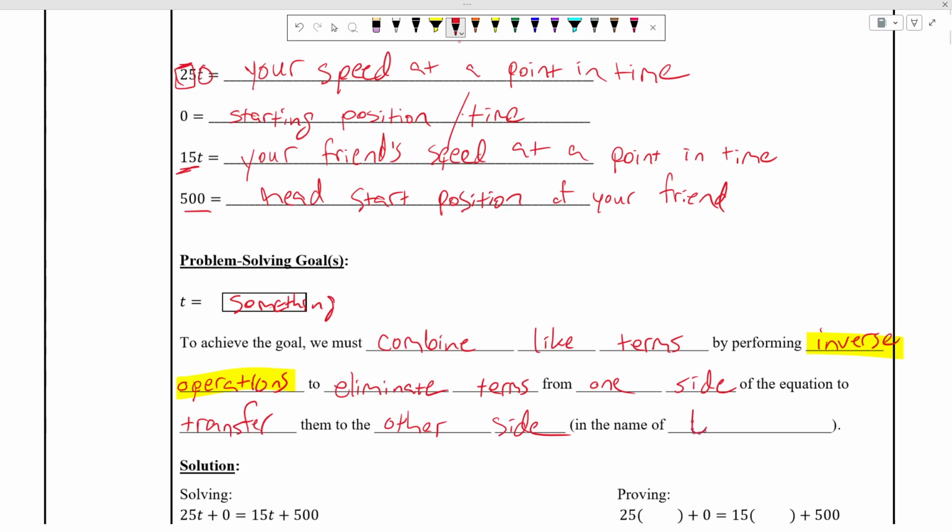All in the name of balance, right? We are in compliance with mathematical law, with the fundamentals and properties of mathematics.